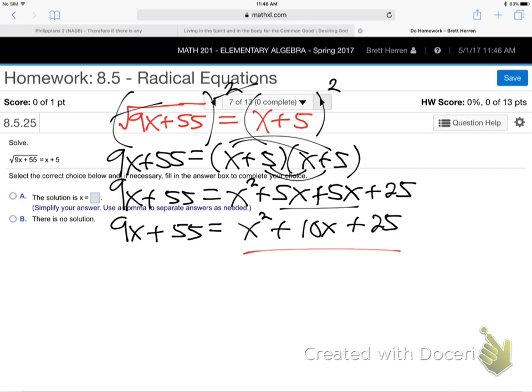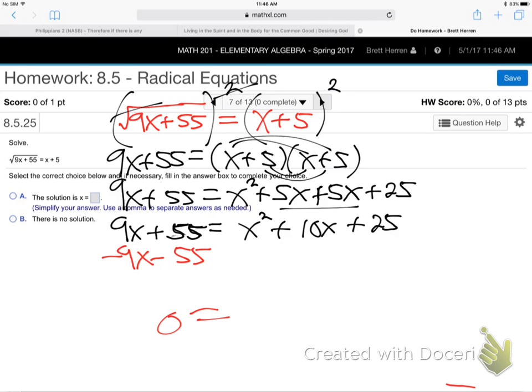Opposite. So x squared's over here on the right. So over here on the left, you've got to get rid of this. You've got to make this side 0, right? We always make the opposite side from x squared become 0. So how do I do that? Well, I got to do the opposite of everybody over there. So subtract 9x and subtract 55. Everybody with me on that?